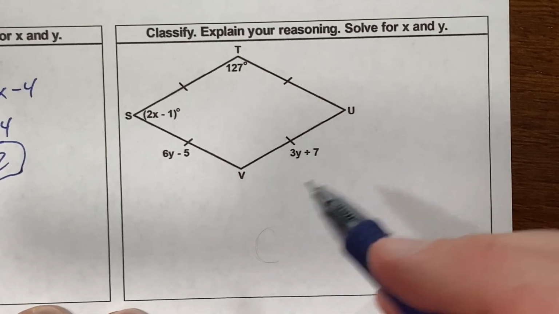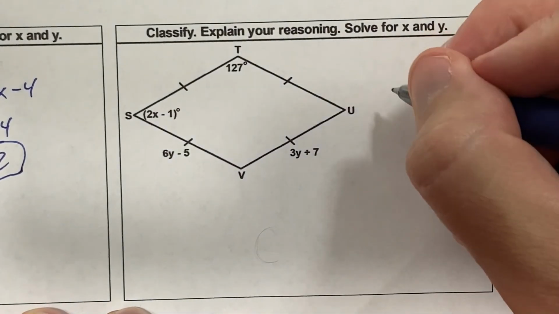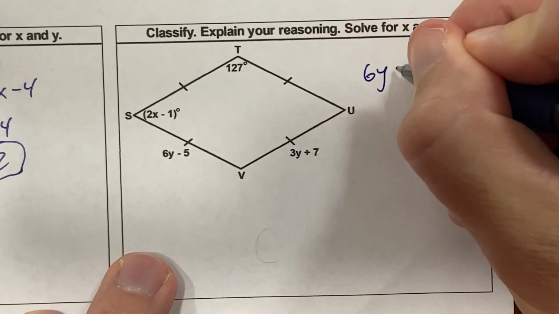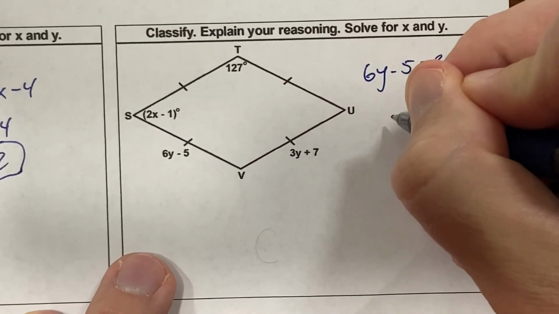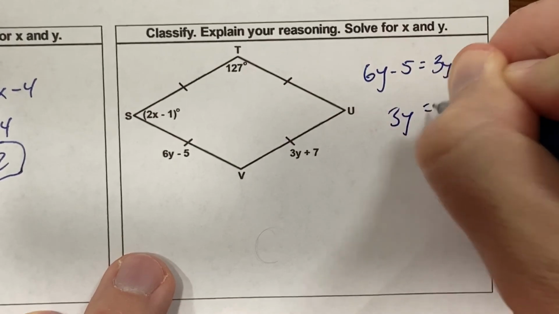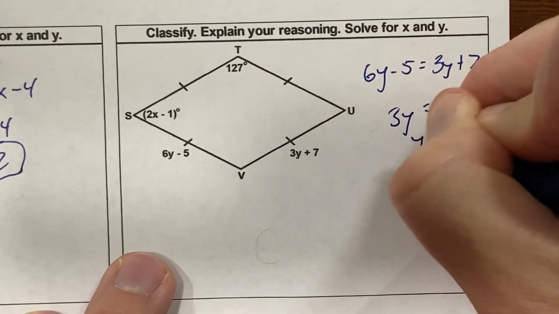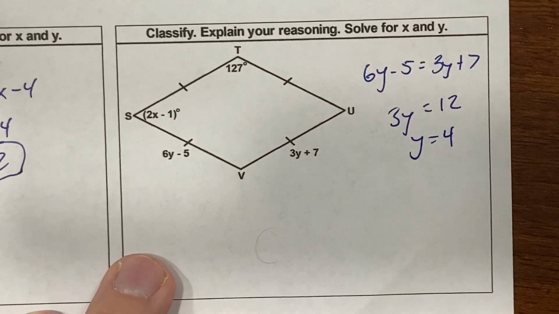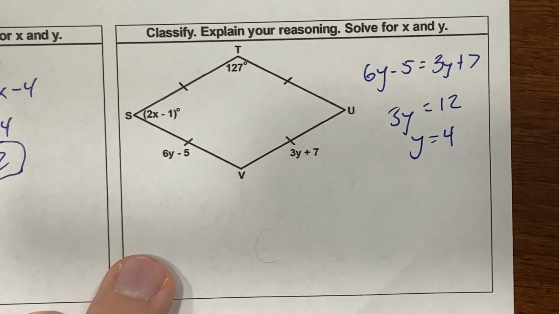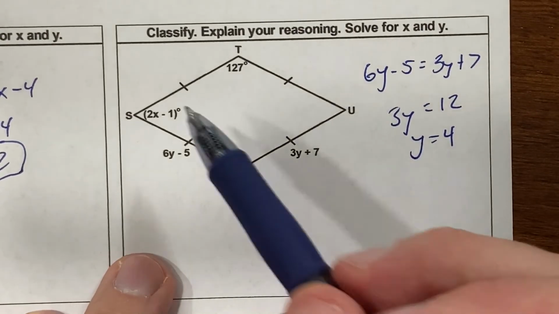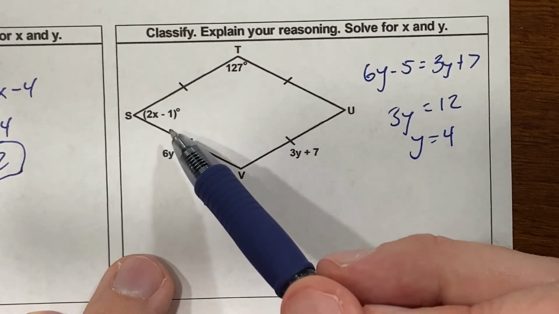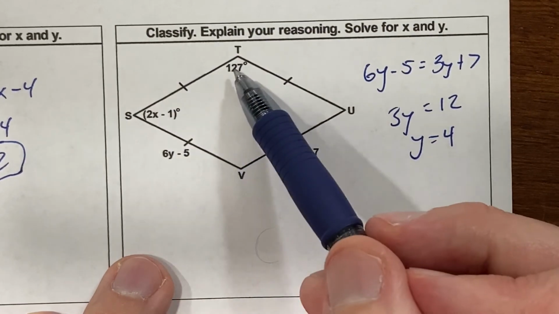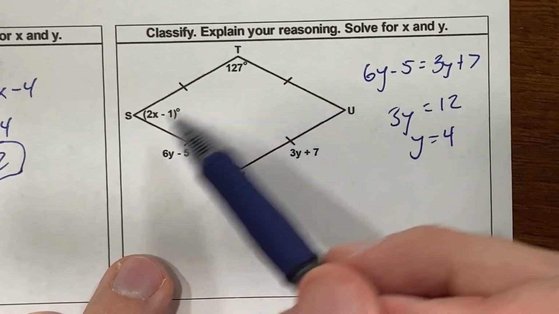And I'm going to look at the y's first. So those are congruent sides. I'm going to say 6y minus 5 equals 3y plus 7. Subtract 3y, that would be 3y over here. Add the 5, that would be 12. y should be 4. And if I'm looking for x's, there's the only x. These are parallelograms, so I've got adjacent angles here.